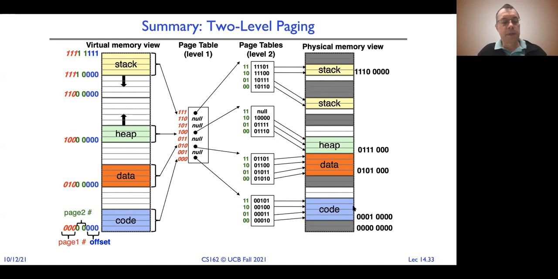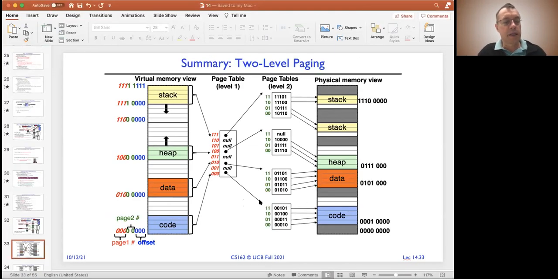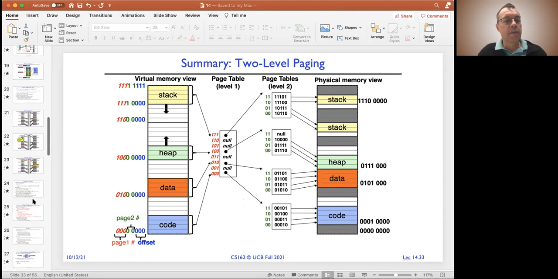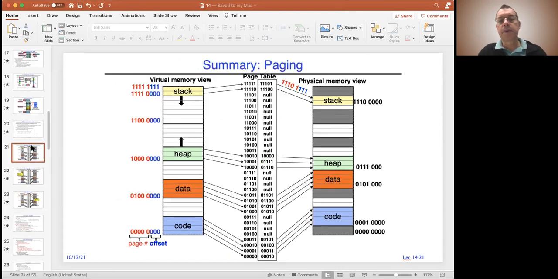So if you remember, this is an example, and let me just go back here. This is a previous example, in which you had a one level table with, I think, 32 entries. Many of these entries are null, right?